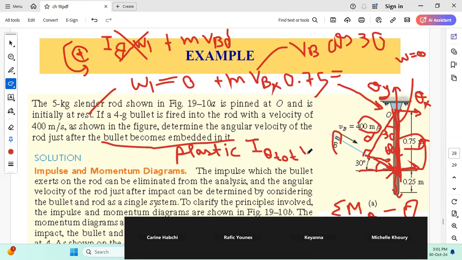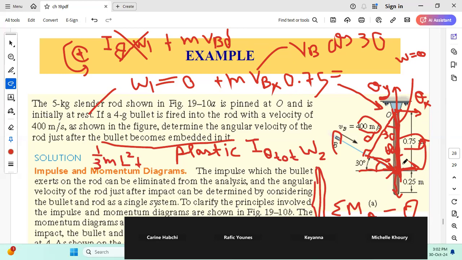Now, how to find the total inertia of our system? Our system is divided into two parts: you have the rod and you have the particle here. For a rod attached at its extremity, the inertia is 1/3 m L squared. For a particle, the inertia about a point is the mass of the particle times the distance from the particle to O squared.